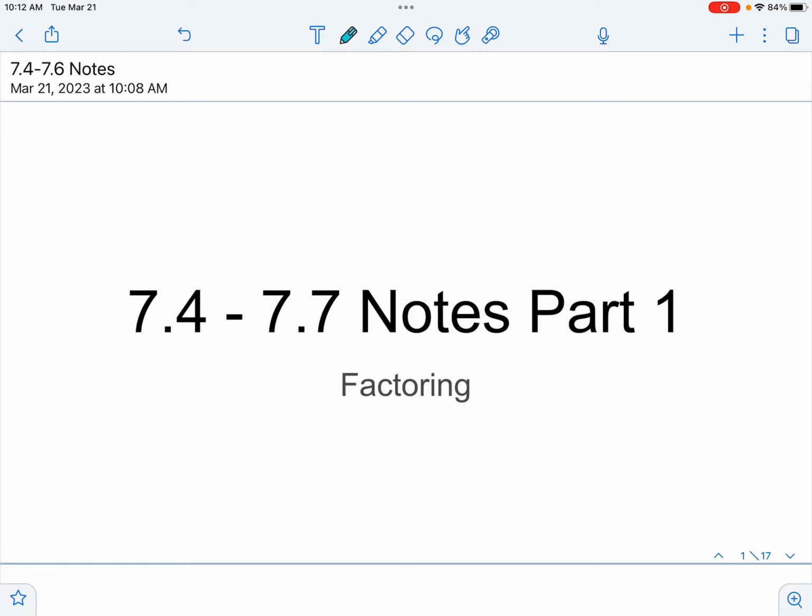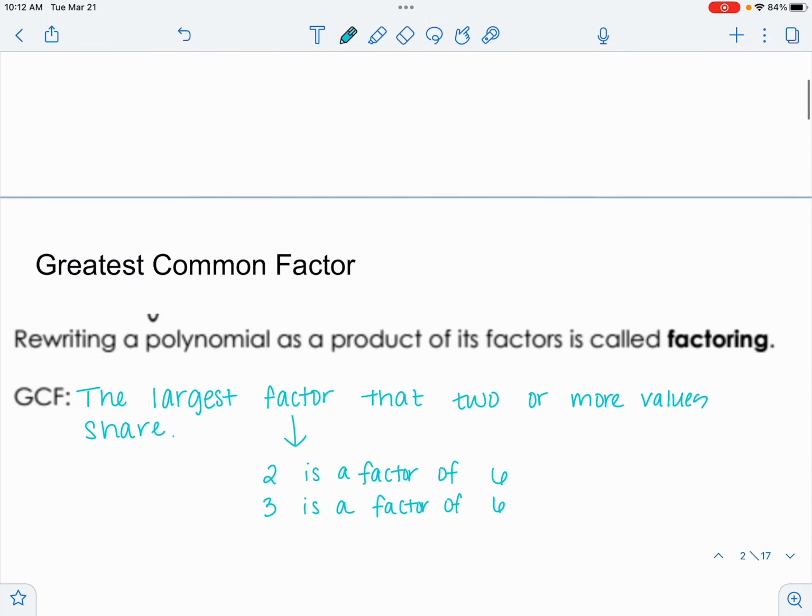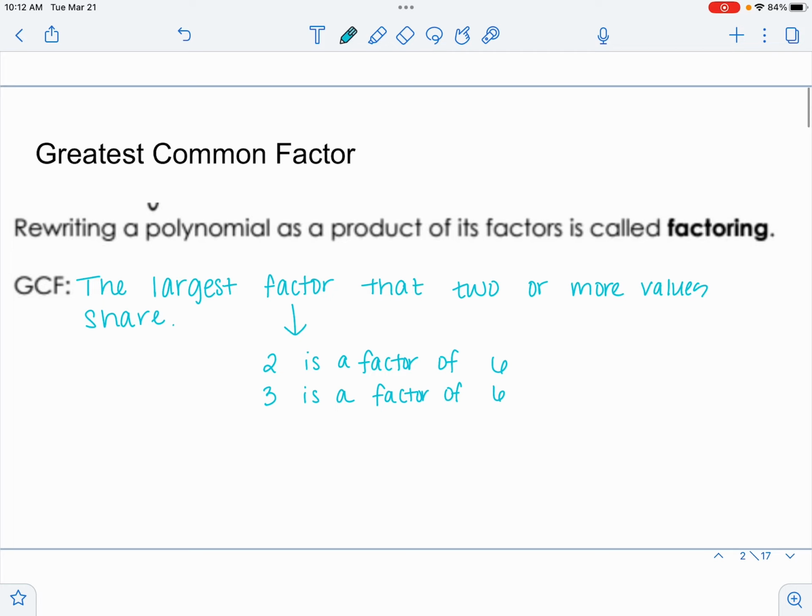And so what we're going to start with is the greatest common factor, and I have the definition here. First, the definition of factoring. When we rewrite a polynomial as a product of its factors, it's called factoring. And the first thing that we need to check for when we factor is something called the greatest common factor.